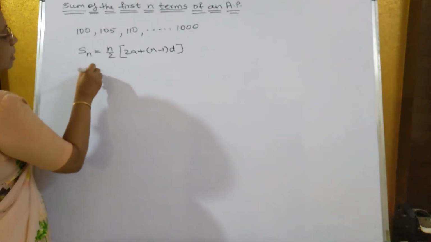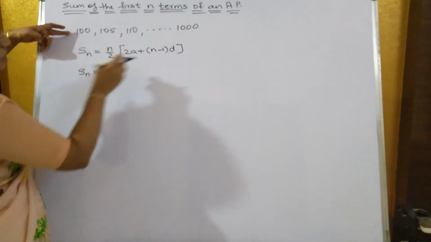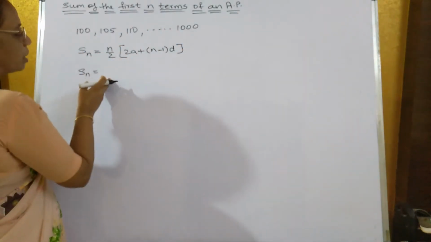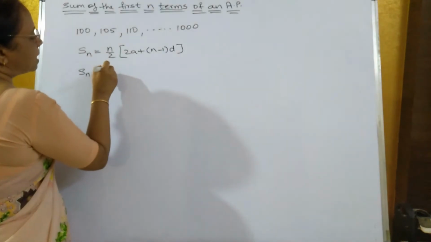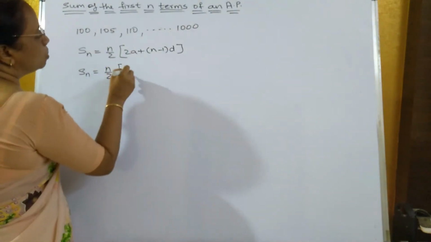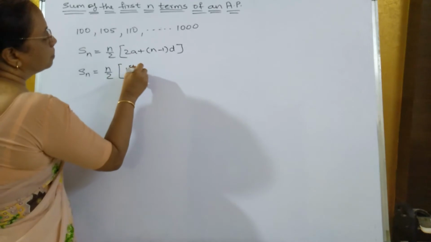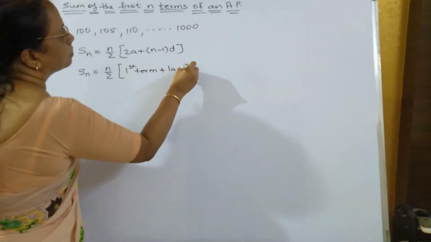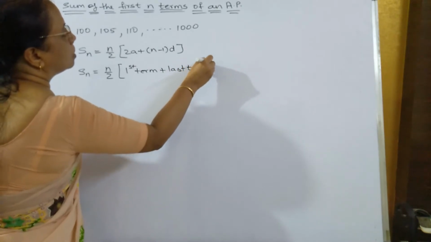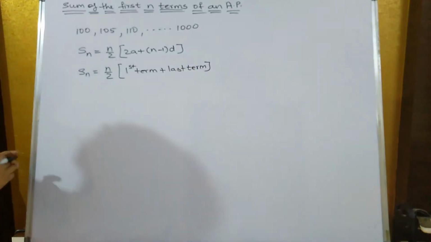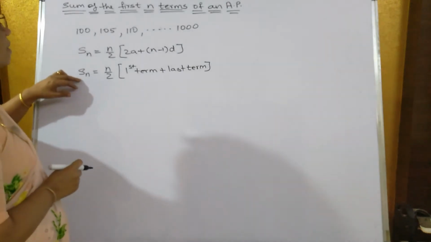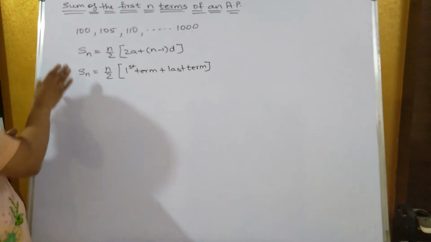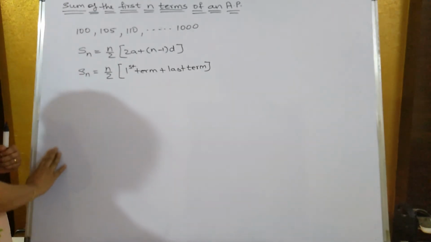Sn is equal to n upon 2 into first term plus last term. So if you know the first and the last term, you can also find out the answer of Sn by using this formula. Now we will solve example 4 and then explain how you can find out using these two formulas.